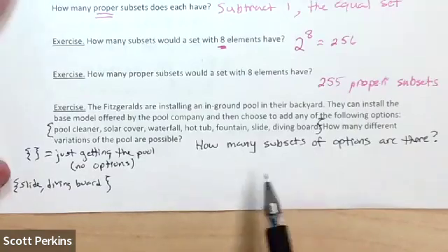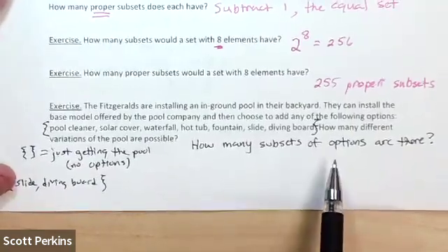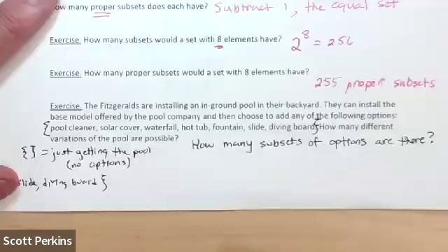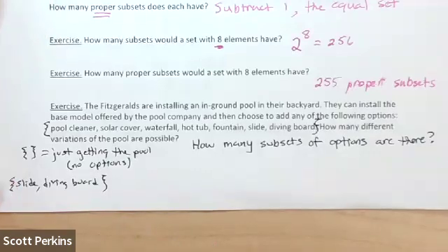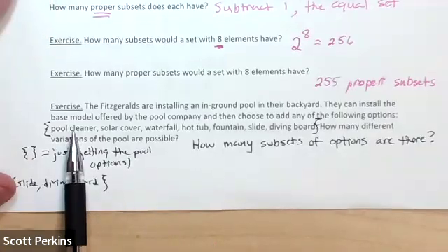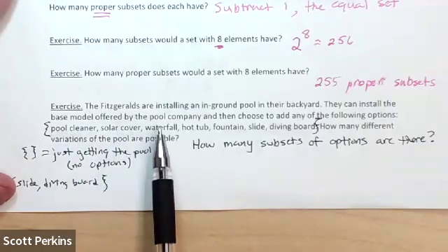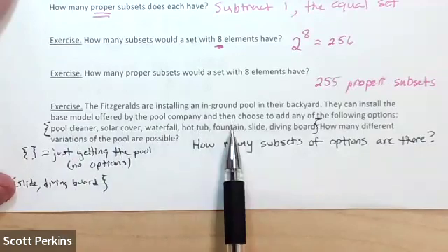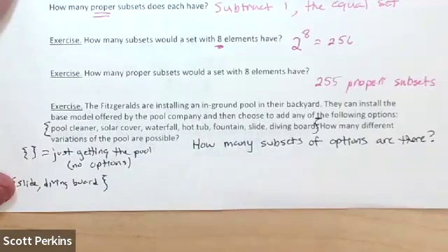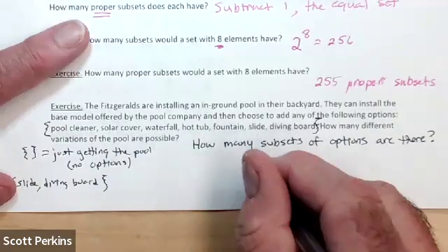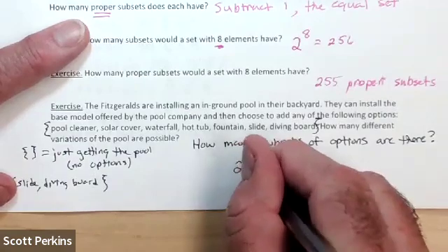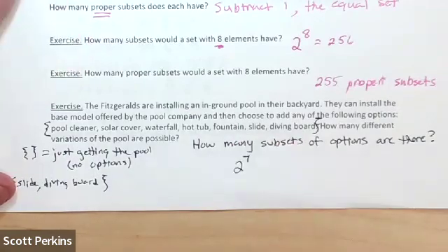So now, how many subsets, how many different pools can this pool company sell? Well, how many options are there? Let's count them up. There are 7 options. So that means the pool company can sell you 2 to the 7th different pool variations, anything from the empty set, which is just the pool with nothing else, all the way to the equal set, which is you got everything.